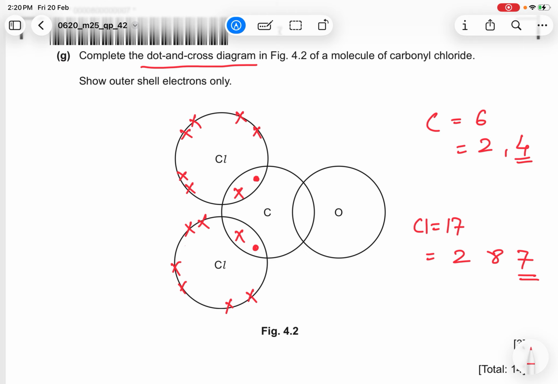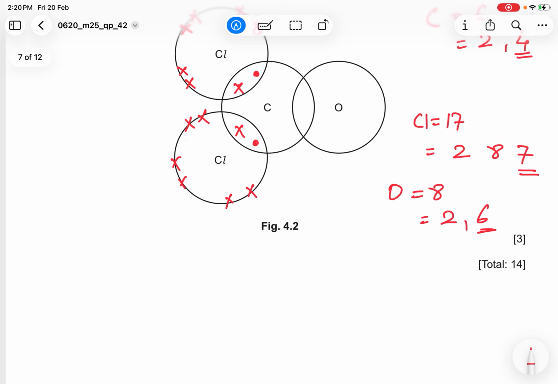Now it comes to oxygen. So oxygen has atomic number 8 and its configuration is 2, 6. As you can see, oxygen requires 2 more electrons to complete its shell.